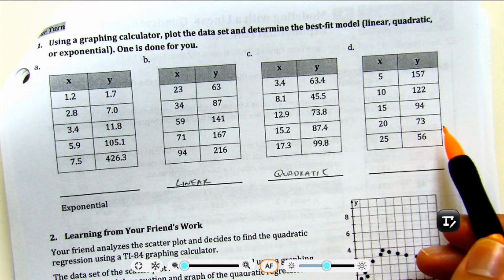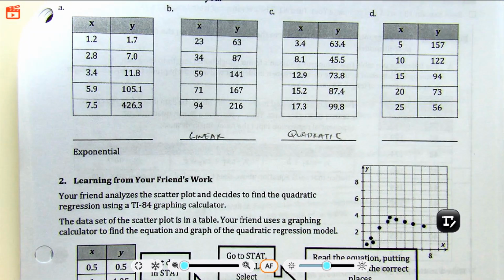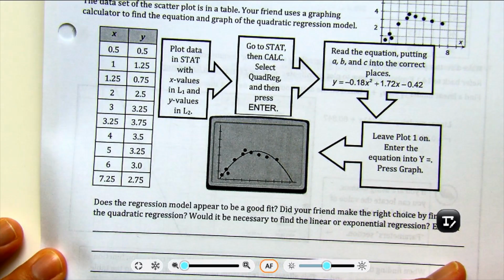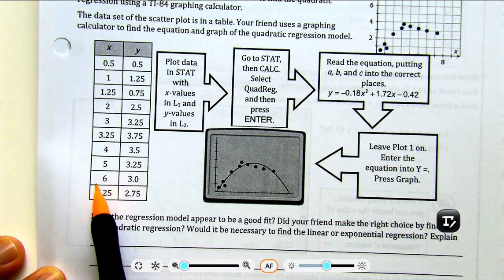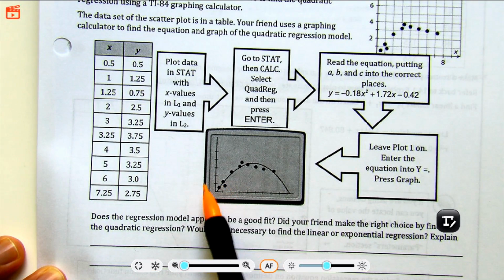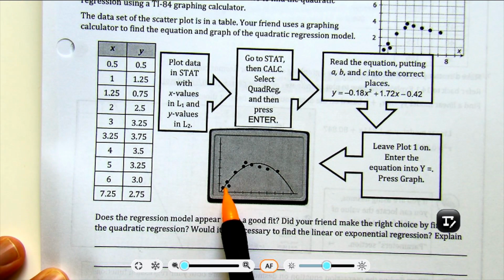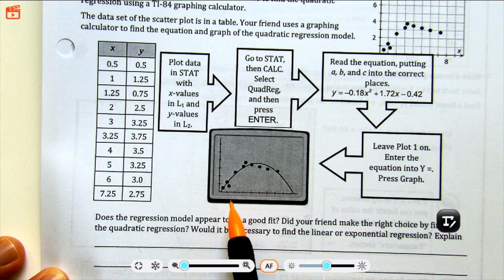And then for problem number 2, again, we have data here, and I want you guys to plug in this data to the Desmos and compare it to what they have already. So this person actually used a graphing calculator, which is another way of graphing, and this person is saying that the regression model is a quadratic, but what we want to do is just check to see if it could either be linear or exponential, again by typing in this data on Desmos.